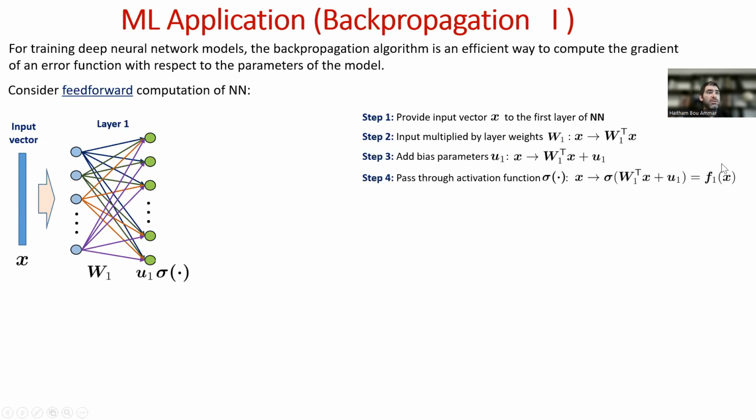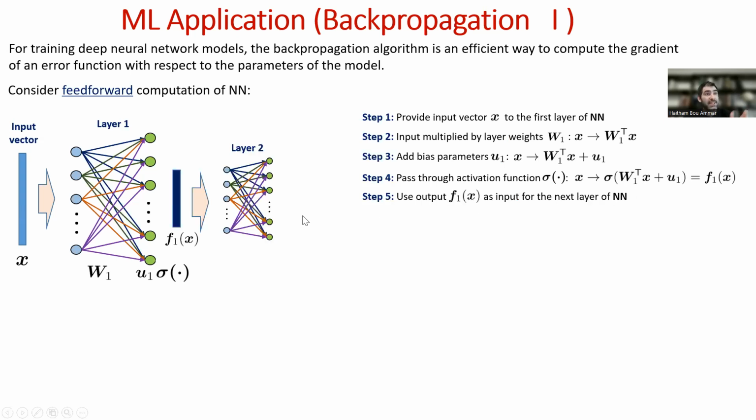And as a result, we get this vector F1, which is now used as the input to the second layer. And after that, we basically keep repeating the same procedure for the subsequent layers as well.